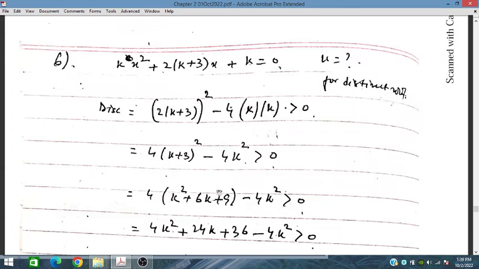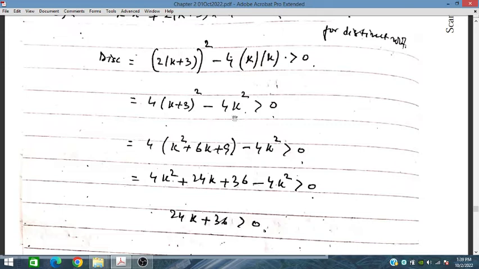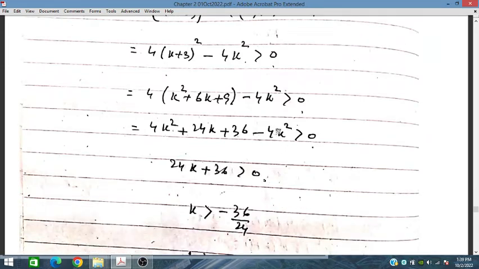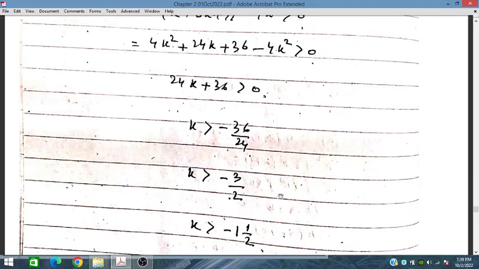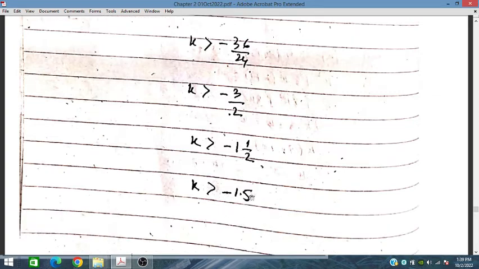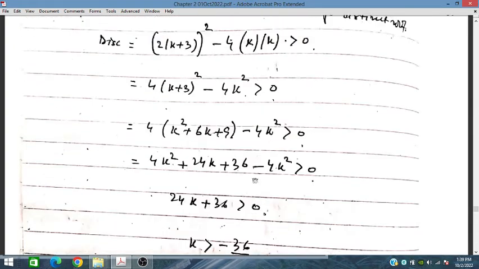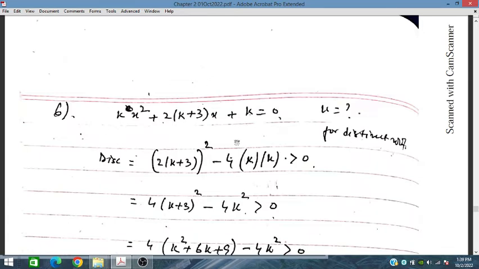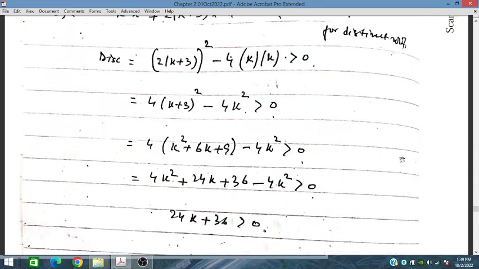So this is the condition. We actually solve it, take out 4 as a common factor and eliminate. This comes to minus 3 by 2, 1.5. So if k is greater than 1.5, then this quadratic equation will give distinct roots.